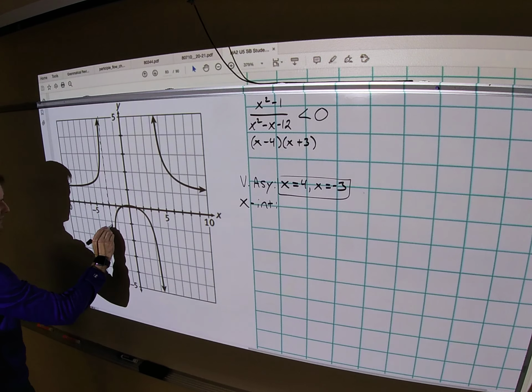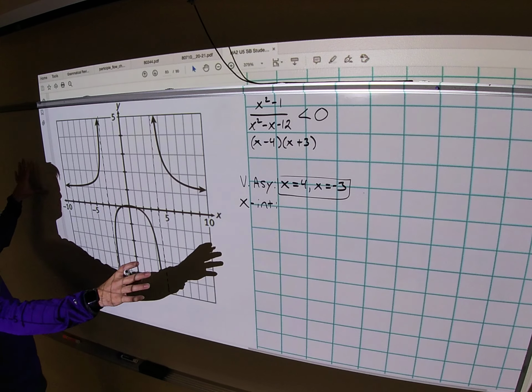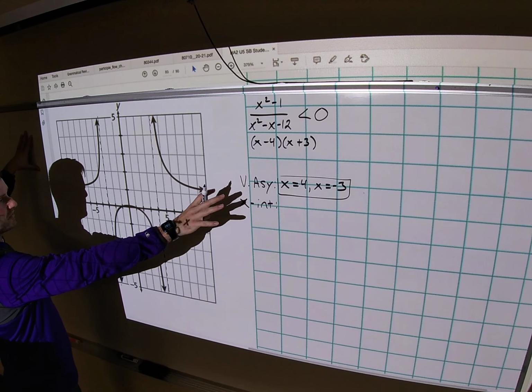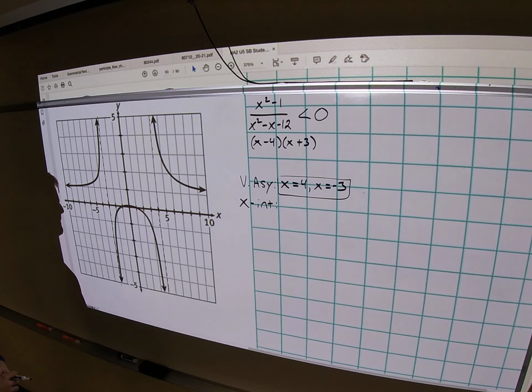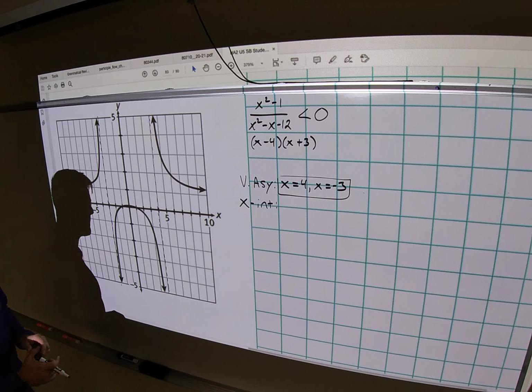And then finally at 4, we're going to have a vertical asymptote here. So our end behaviors, the leftmost side, the rightmost side of our graph, never going to cross these vertical asymptotes. Now, same thing with the end behavior of the horizontal asymptote as well.